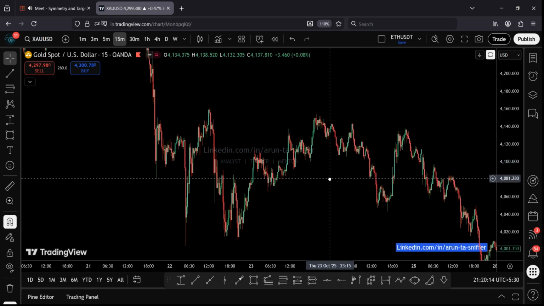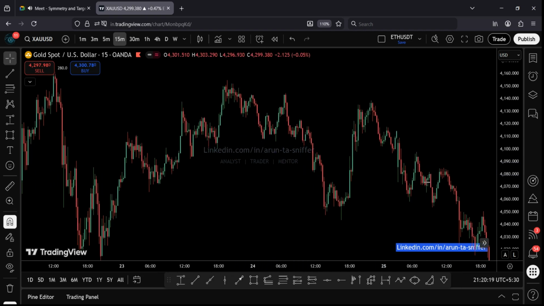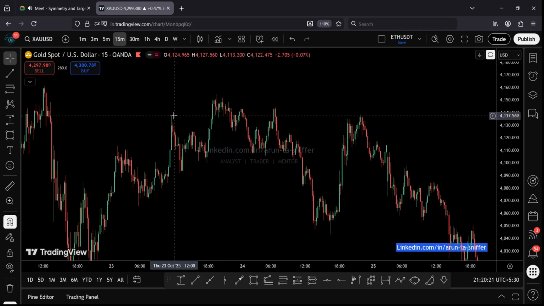Okay, look at this example, look at this move.